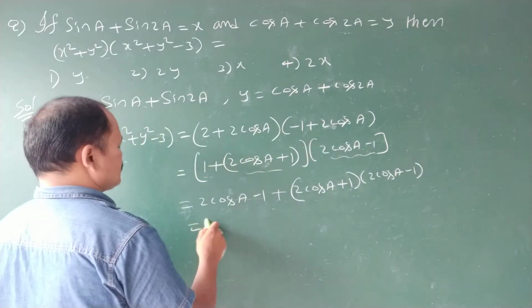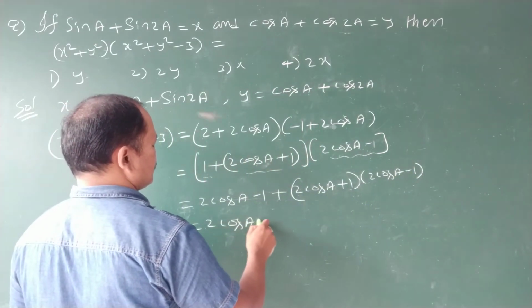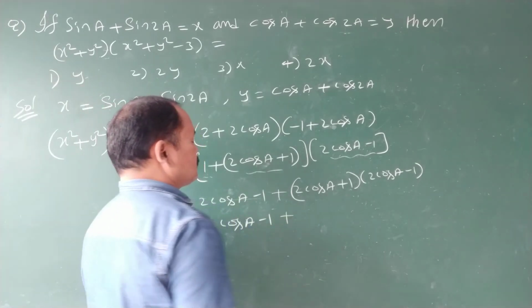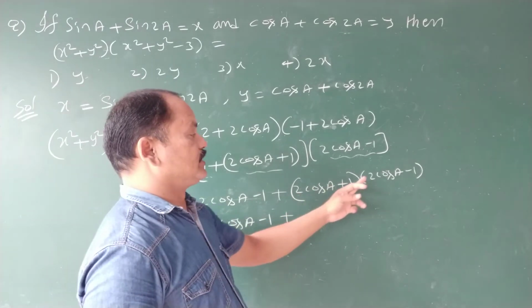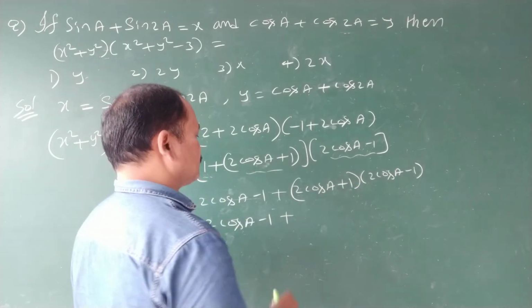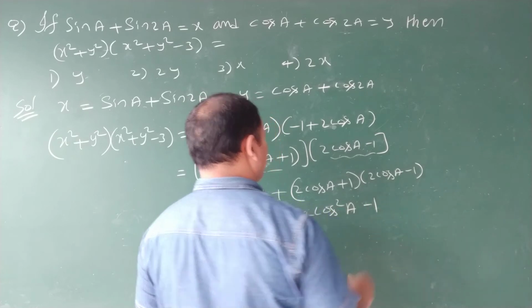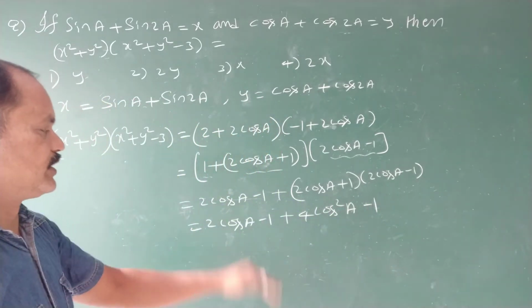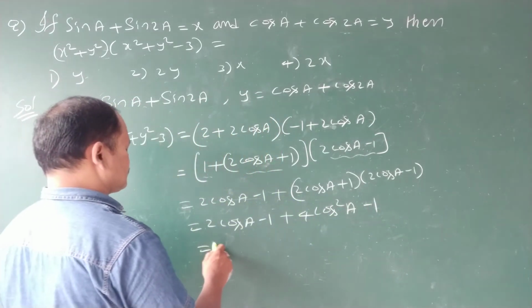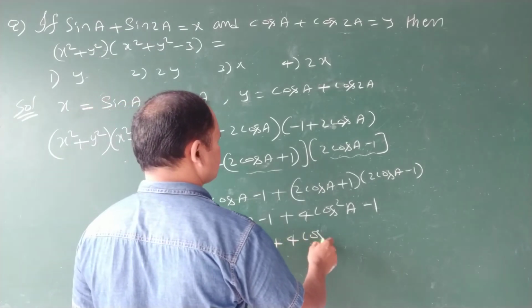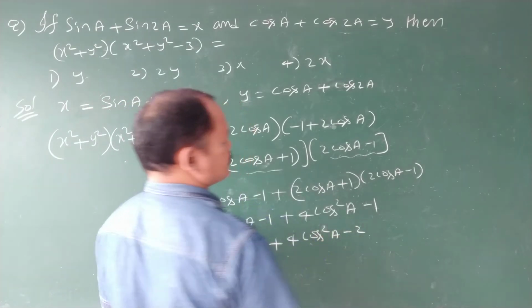That's all. Now 2 cos a plus 1 into 2 cos a minus 1 is nothing but 4 cos square a minus 1. Now this is 2 cos a plus 4 cos square a minus 2.